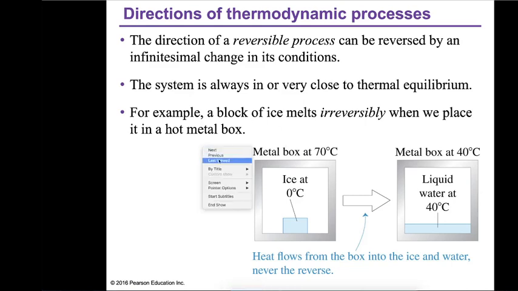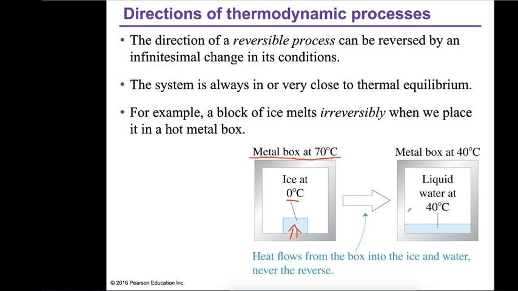At the beginning, the temperature of the metal box is 70 degrees, and for the ice, it's 0 degrees. A block of ice will melt irreversibly when we place it in this box. This is 70, this is 0, so the heat will flow from the box to the ice.